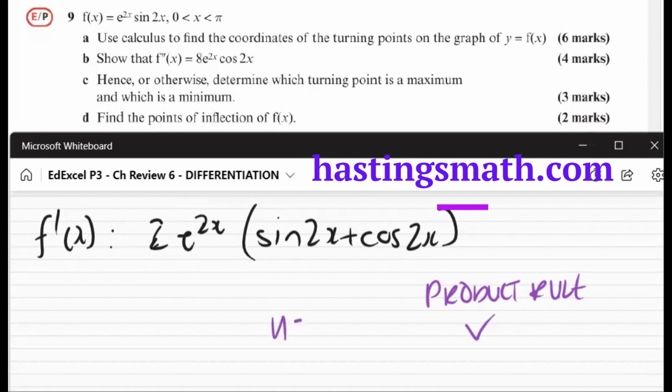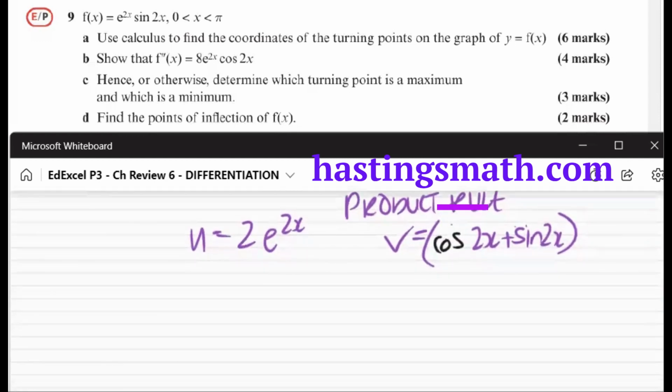So let 2e to the 2x be our u, and let cos 2x plus sine 2x, all in a bracket, be our v. Oopsie, that should be cos, put the cos in front. Okay, so those are u and v.